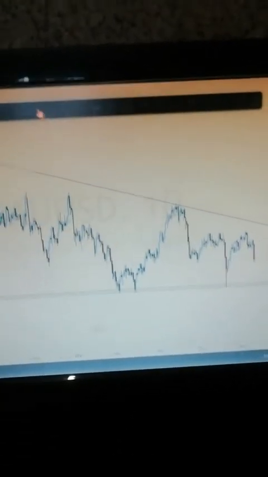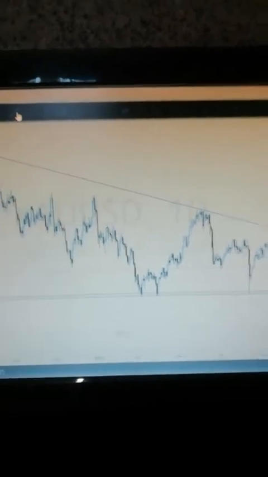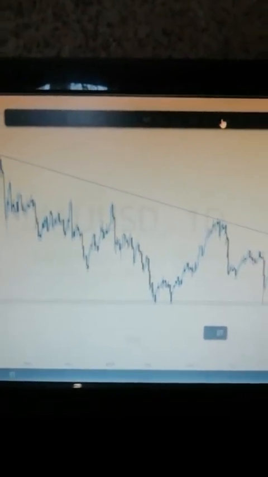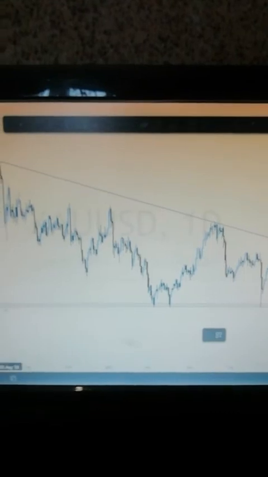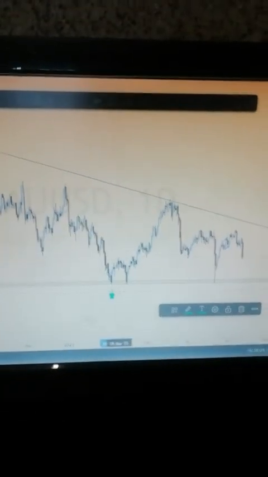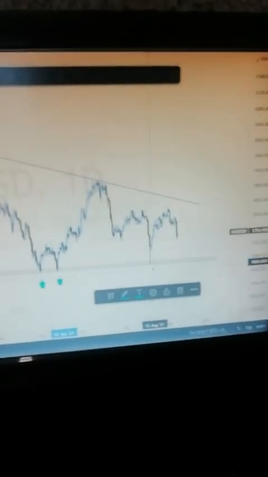As you can see, gold has been moving in a descending triangle pattern, I don't know, whatever you want to call it, but I'm seeing a triangle because this thing will converge at some point. So first area of support, second, third, and fourth.